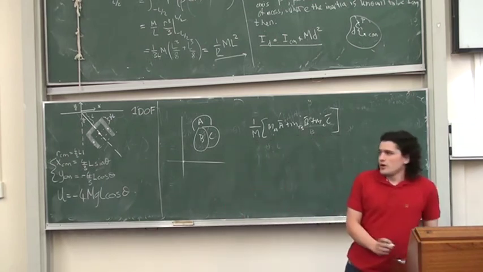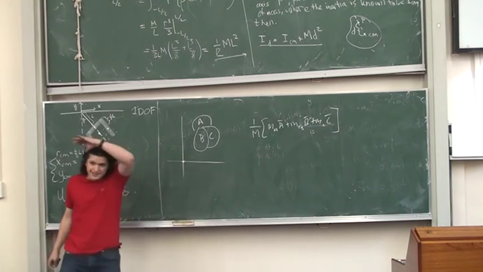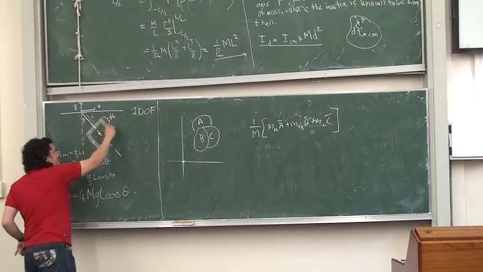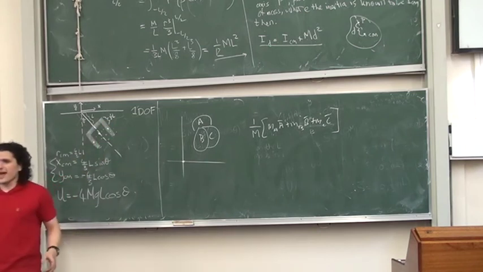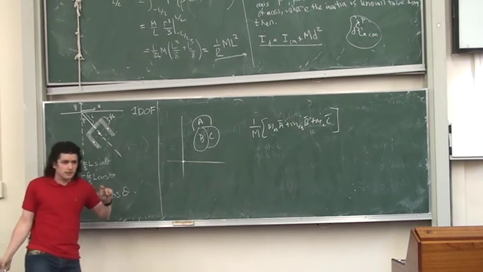So, if I know the moment of inertia from the same axis, and I'm stressing this because we've worked out the moment of inertia around the center of mass axis of each of these things, and we would like to know the moment of inertia from a common axis, not each around a different axis.